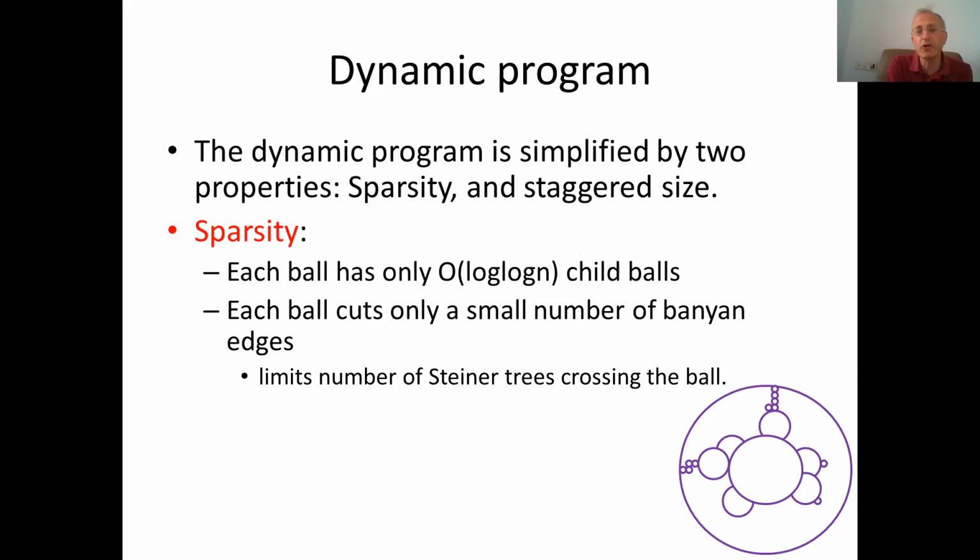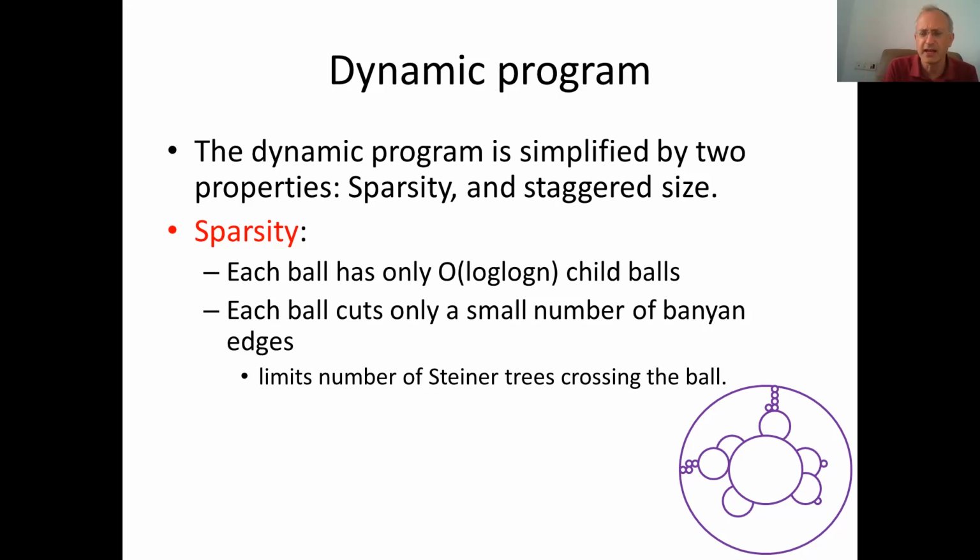Okay, now the dynamic program is simplified by two properties, by both the sparsity that we've discussed and by the staggered size. The sparsity says the underlying graph doesn't have a lot of edge weight over here. So if you're covering the underlying graph by balls, you're not going to need a lot of balls to cover it. The two things go together. Each ball has only log n child balls.